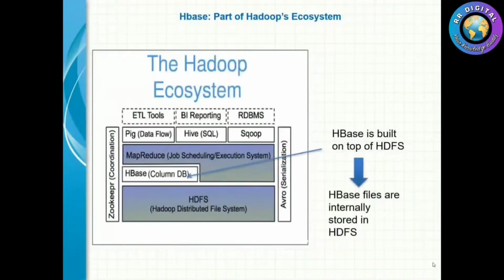Here we have HDFS. If you use the HBase model, or Pig, or Hive, any model, at the end your data will be stored inside HDFS only. RDBMS is row oriented, row-wise it will store, even Hive is also row oriented, but only HBase is column oriented. HBase is built on top of HDFS. Also, HBase files are stored internally inside HDFS.